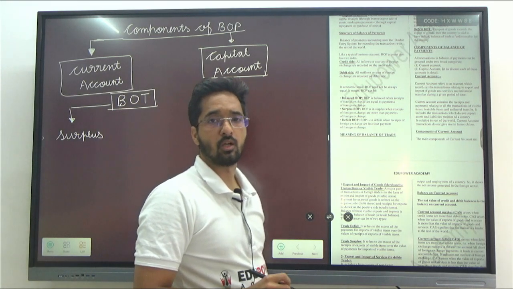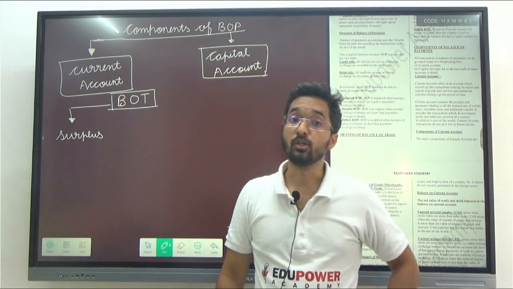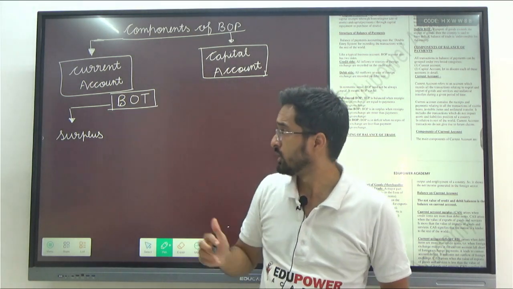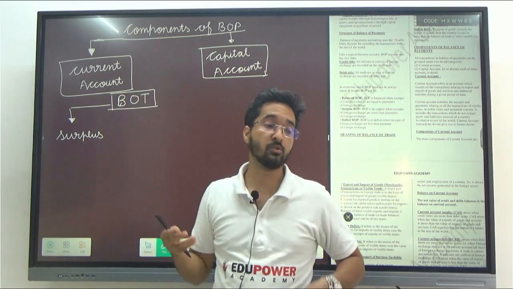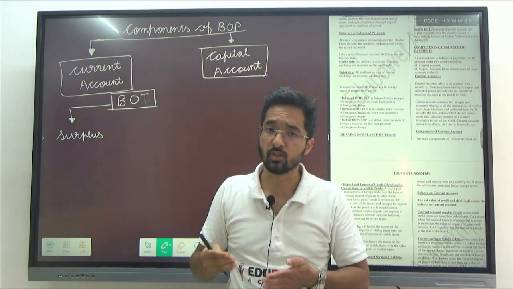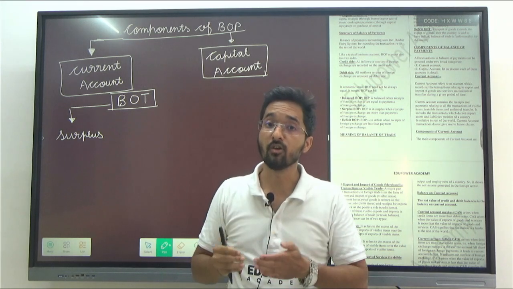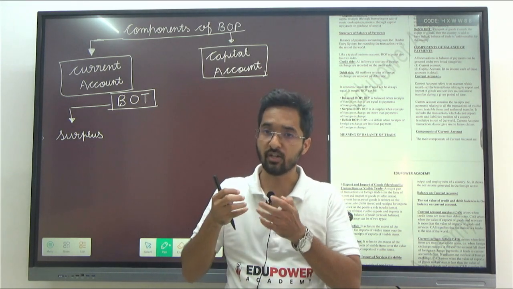What do you mean by surplus balance of trade? Surplus means the amount of exports are more than the amount of imports. What is the meaning of surplus? Surplus means we have extra reserves with us, we have some money left with us, and how will this money be left, how will we have that saving?